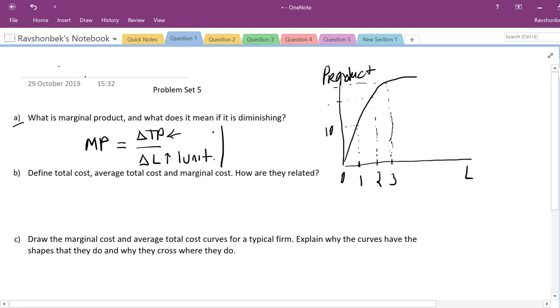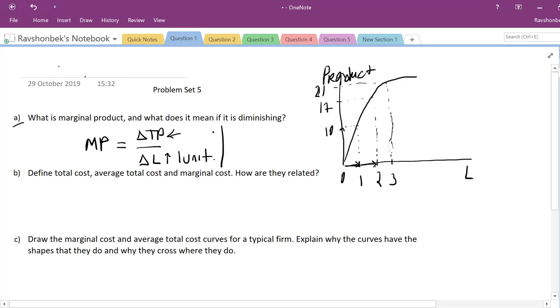Let's look at it. This is 17, and this is something like 20, 21. Notice this. The first unit, from 0 to 1, added 10 units. That's a huge jump in output.